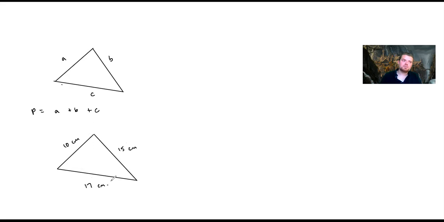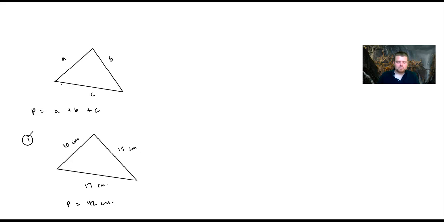All you need to know is perimeter: add up the sides. 10 plus 15 plus 17, and you can use a calculator. That ends up being 42 centimeters. So this is meant to make your life easier. You are more than welcome to remember the perimeter formulas if you feel like you need to. Otherwise, my recommendation is just know perimeter: add up all the sides. It's literally the definition.